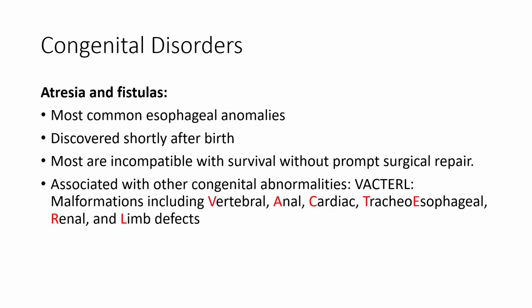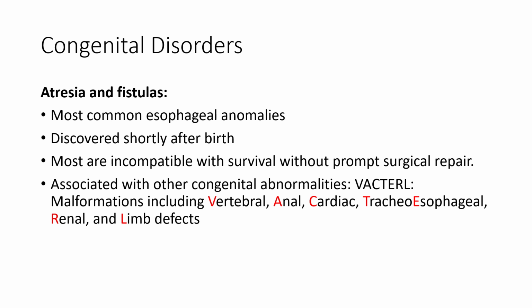Atresia and fistulas are the most common congenital disorder affecting the esophagus. They are discovered shortly after birth, usually due to regurgitation during feeding. Most are incompatible with survival without prompt surgical repair. They can lead to aspiration, suffocation, pneumonia, and severe fluid and electrolyte imbalances.